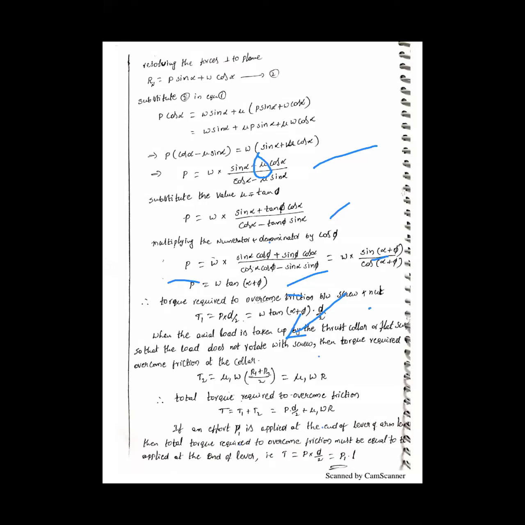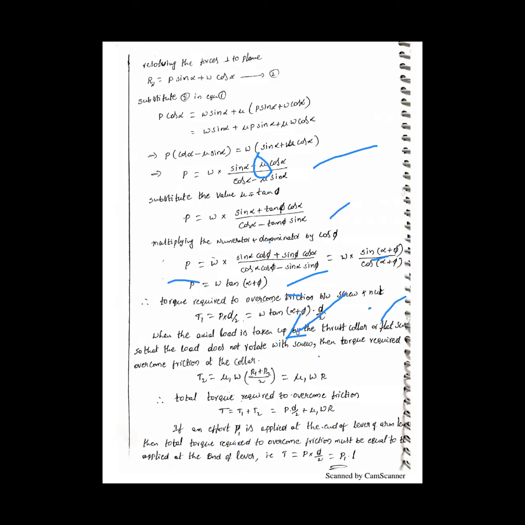And the next condition is when the axial load is taken up by the thrust collar or flat surface. Then the load does not rotate with the screw, and we need the torque required to overcome the friction at the collar. Here there is friction at the collar also.